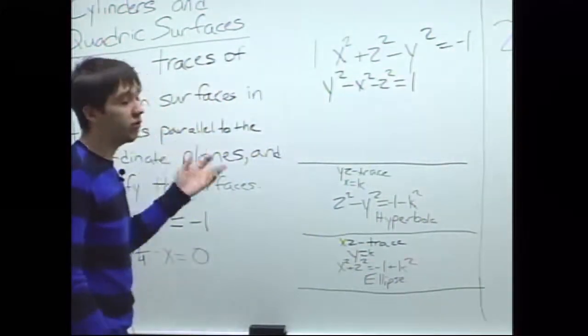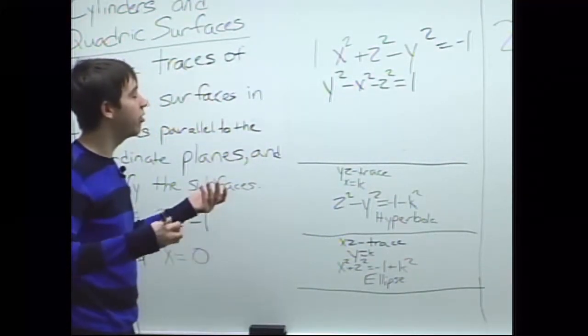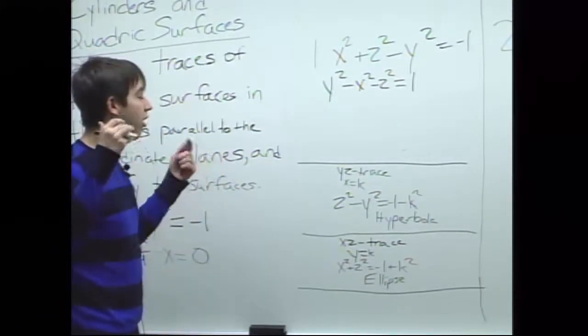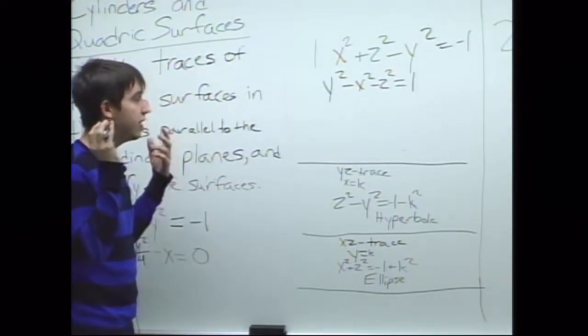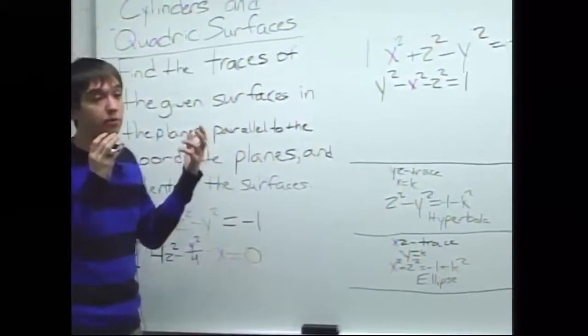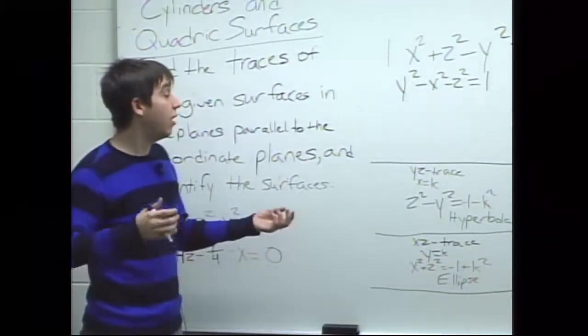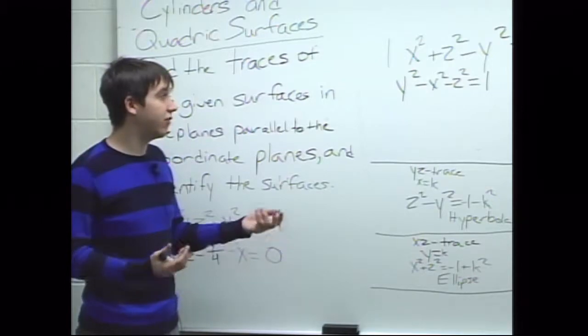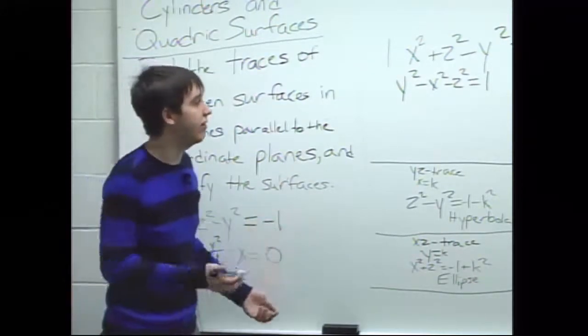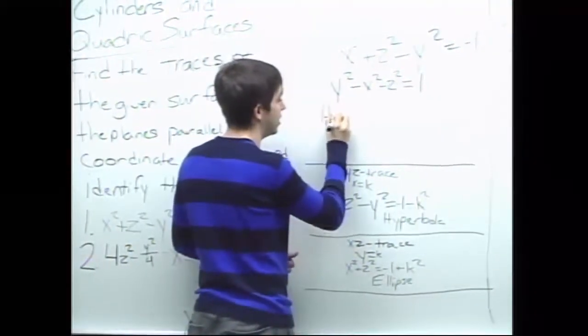So because the variable terms are equal to a positive constant, and two of the variable terms have a negative coefficient, we know that this is a hyperboloid of two sheets.